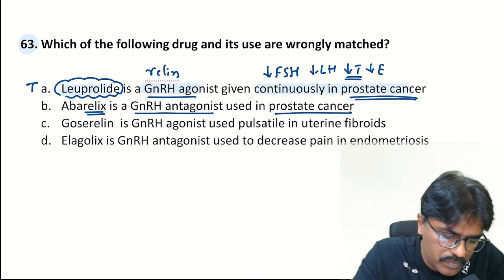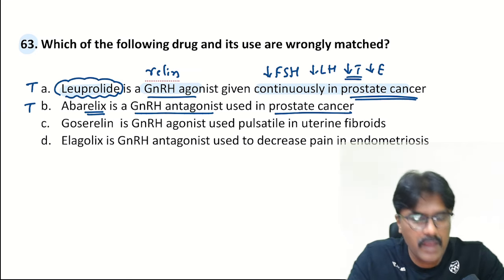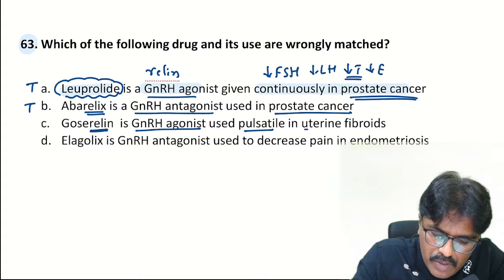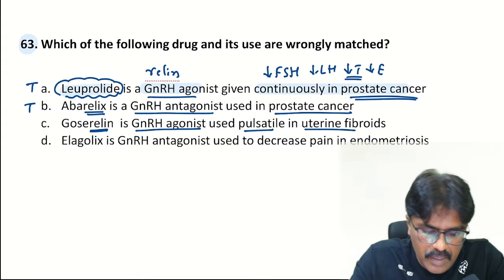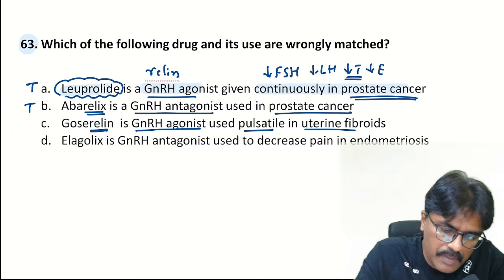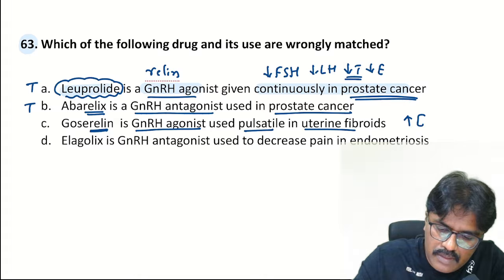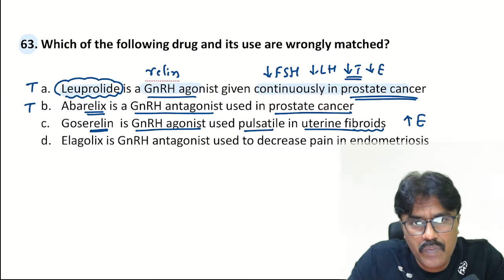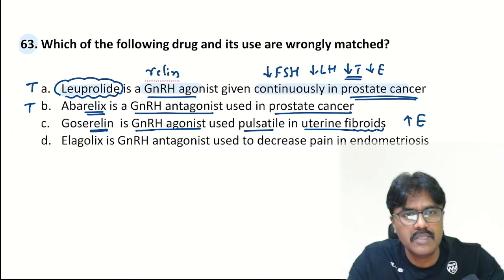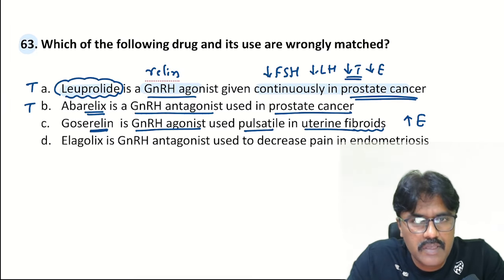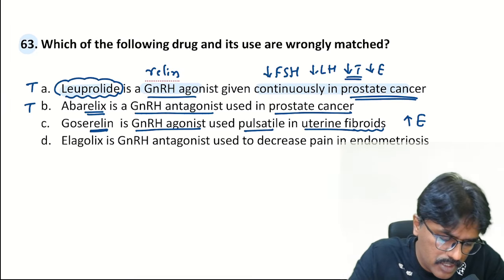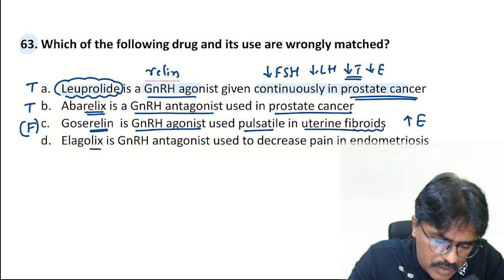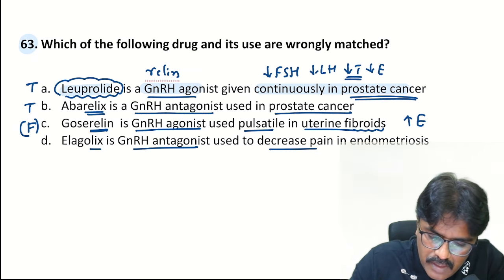That is also true. Goserelin is a GnRH agonist used pulsatile in uterine fibroids. Now, when you give an agonist in pulsatile fashion, it increases the estrogen levels. So, should we increase estrogen in fibroids? No. If you want to treat fibroids, you have to give it continuously and decrease estrogen. So it's a false statement. Then, elagolix is a GnRH antagonist used to decrease pain in endometriosis.